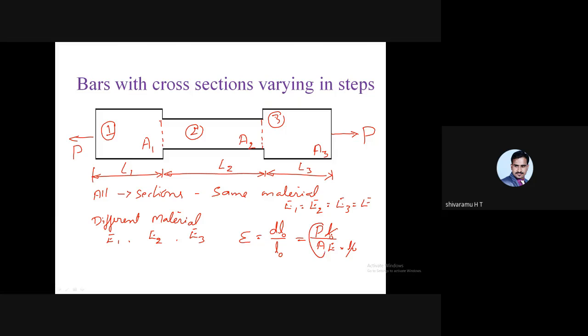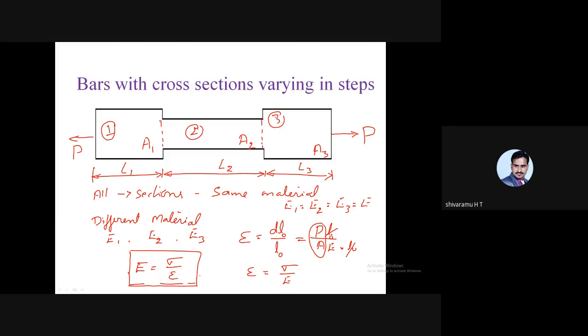We know P by A. Epsilon will be equal to P by A, load divided by area, which is stress, divided by Young's modulus. So epsilon we can express in terms of sigma divided by E, and with respect to this the Young's modulus will be equal to stress divided by strain. So these are the important equations we need to note down.